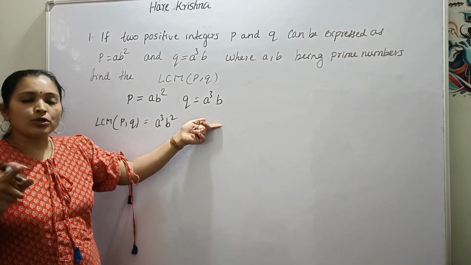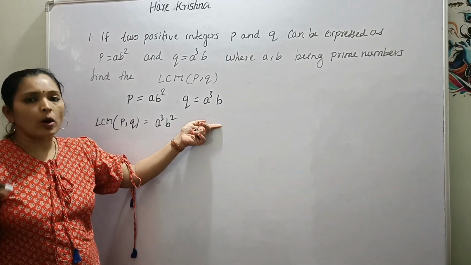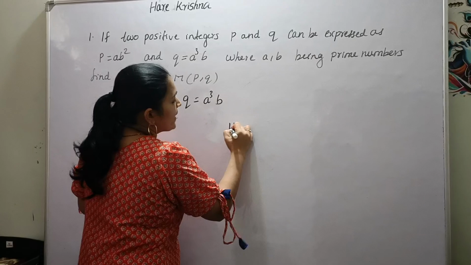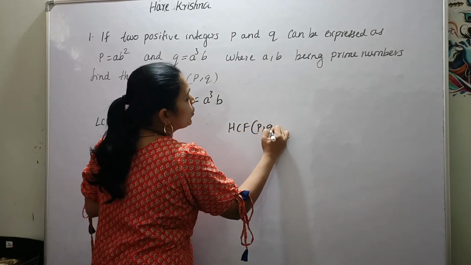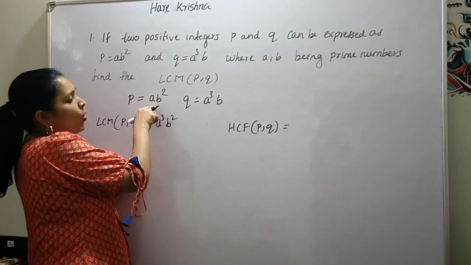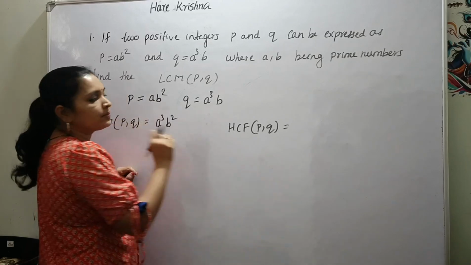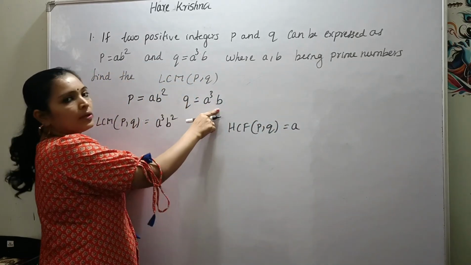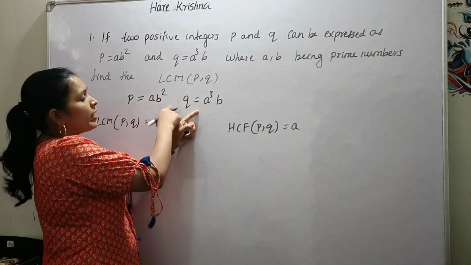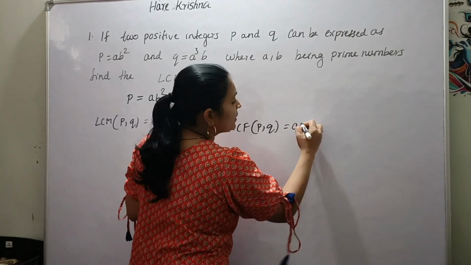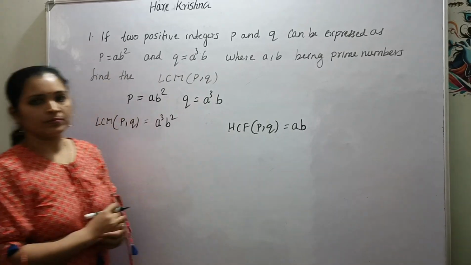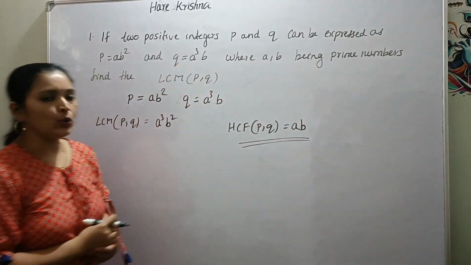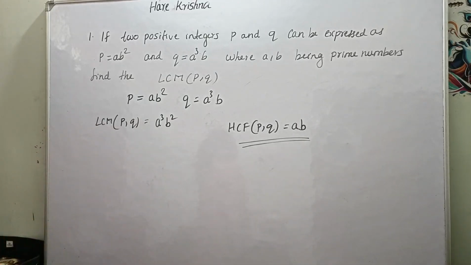The smallest power of a is 1, and the smallest power of b is 1. So the HCF of p and q is a into b.